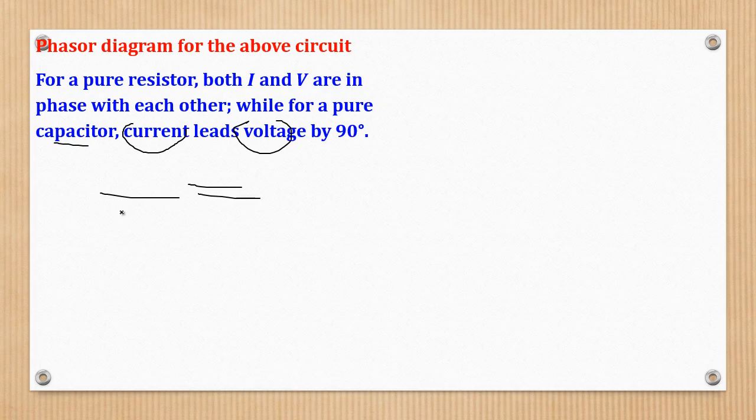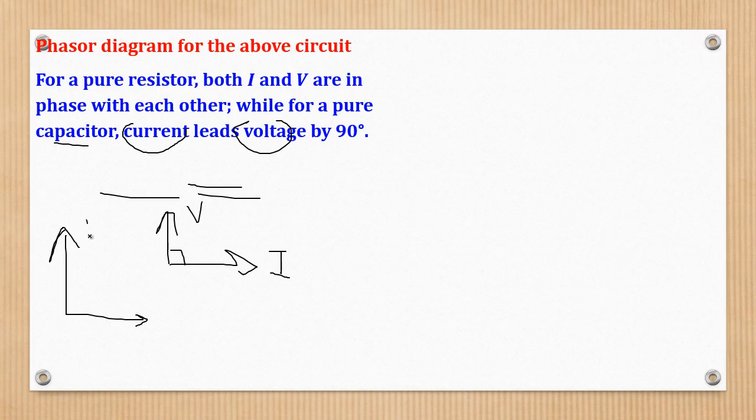Then we have an inductor where it was voltage leading current. So here there was voltage, here there was current, and voltage was leading current by 90 degrees. Now when we come to a capacitor, we saw that it is this time current leading voltage. So here there is current and here there is voltage.